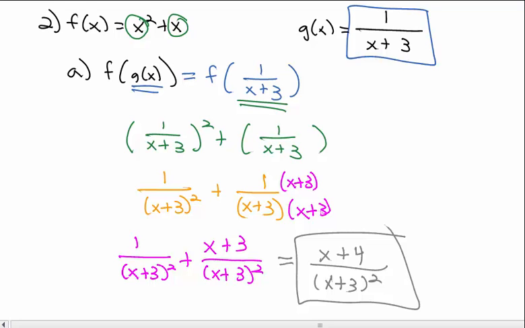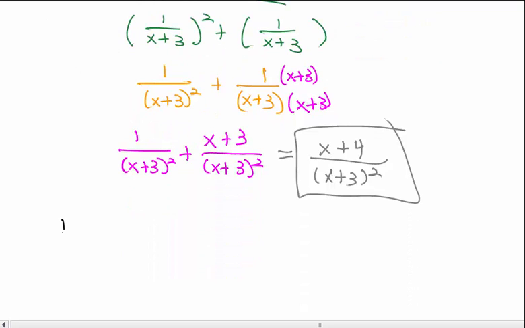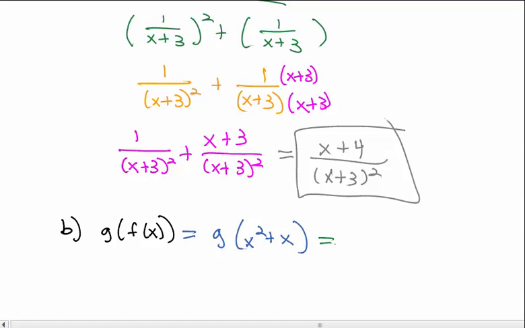Now I'm going to have to scroll down to do the second example, the g of f of x, but you should have in your notes what g and f look like up above, so I don't have to keep scrolling. But again, we're going to have g of whatever that f of x function was. That f of x function was x squared plus x. So that's what's going into g.